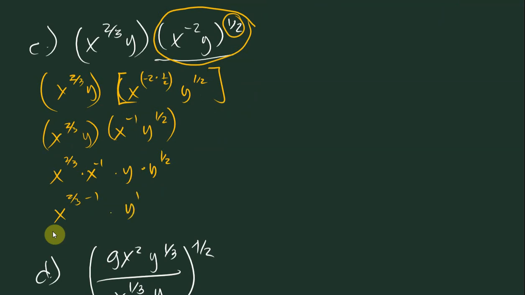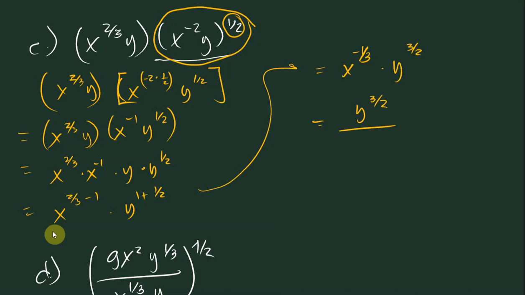So 2 thirds minus 1 will be x raised to negative 1 third, and then multiplied by y raised to 1 plus 1 half, that's 3 over 2. That will be y raised to 3 over 2 all over x raised to 1 third. Okay, so that is our final answer for that one.